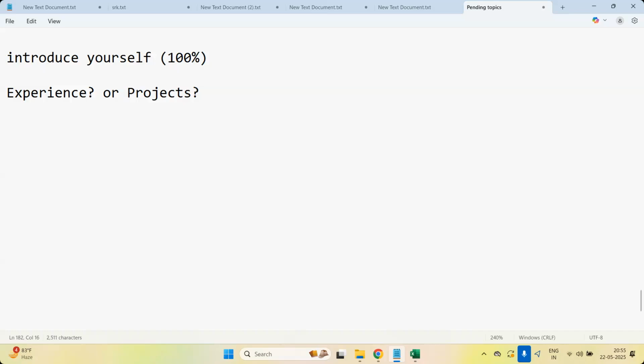Or if you complete it in Python, Power BI is left. So we require multiple projects, not one project. Projects, not project. Without projects, there is not even a third question.